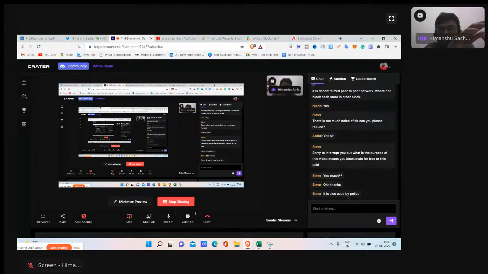So whatever data is there in the centralized system, you can't see it. It can be anything, it can be in politics, it can be anywhere. Whatever data is written inside a centralized system can't be visible to everyone.